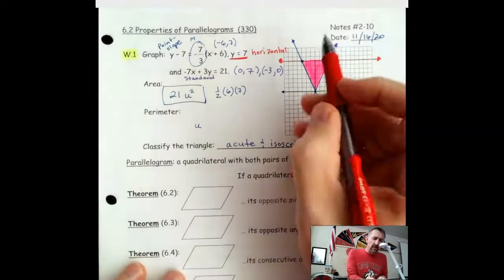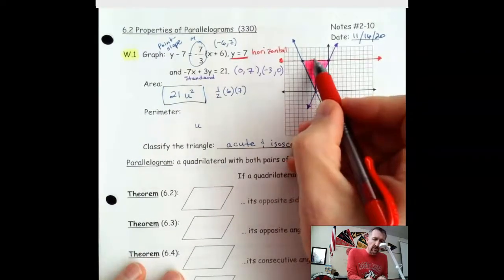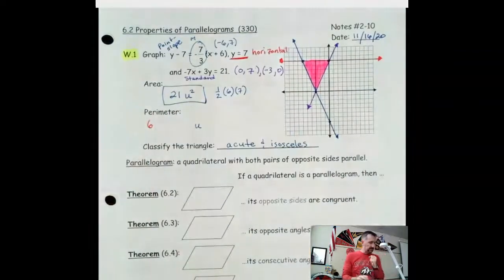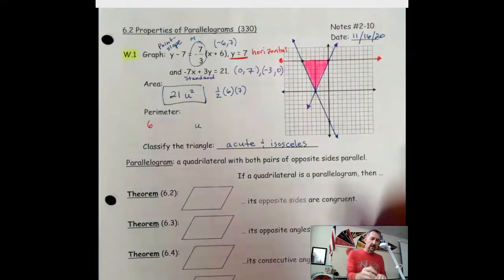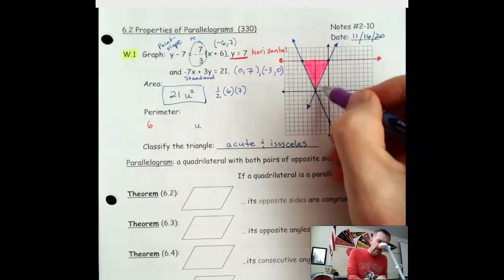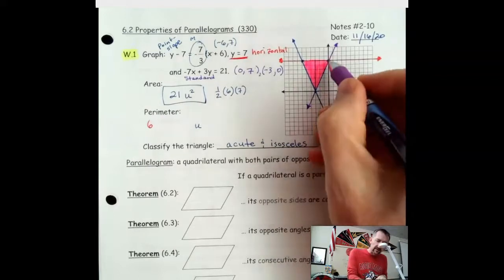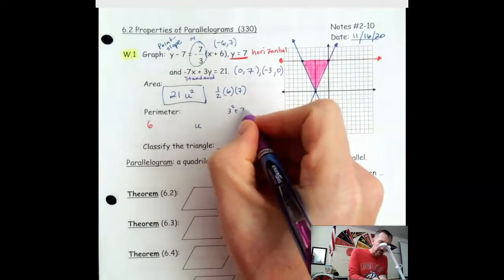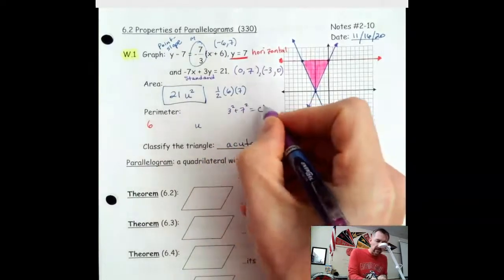Okay. Now the perimeter, that's going to be 1, 2, 3, 4, 5, 6. So we have one side is 6. Now, if we think about this side over here, we could use the Pythagorean theorem. This is 3 and this is 7. So that's going to be 3 squared plus 7 squared.